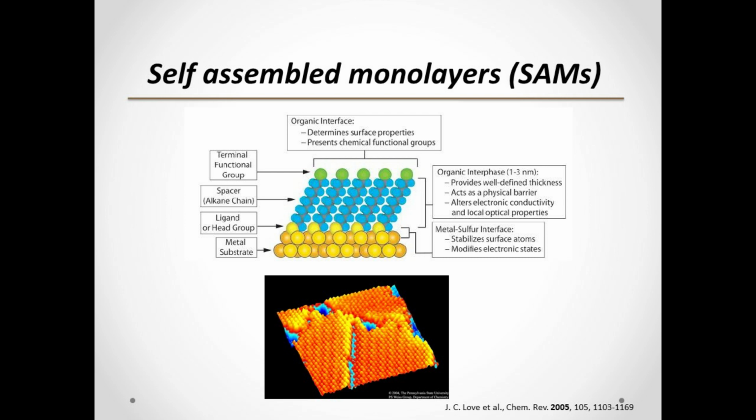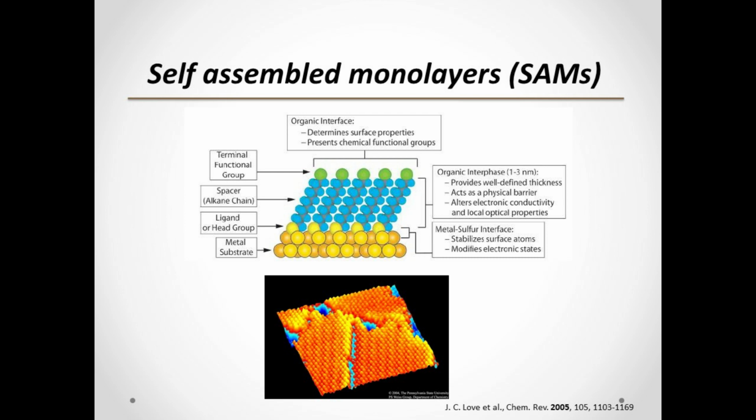And the last one is the terminal functional group. It depends. Sometimes you are planning to make another reaction to improve the surface, to add another chain or other functional groups.